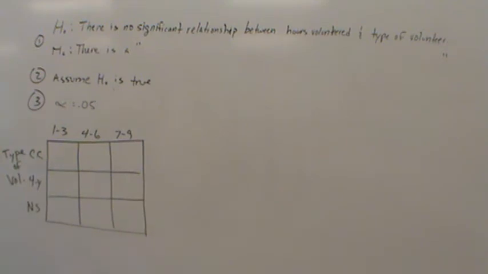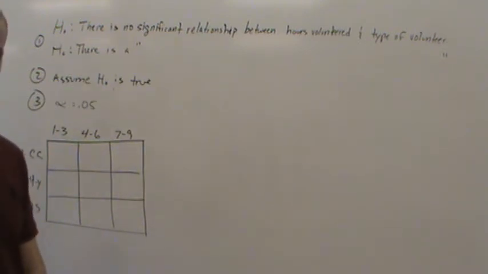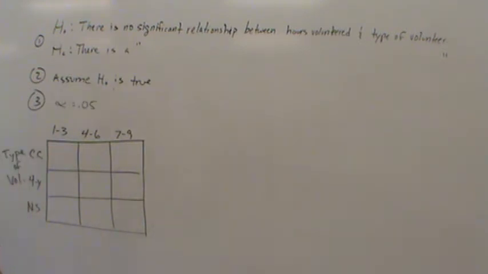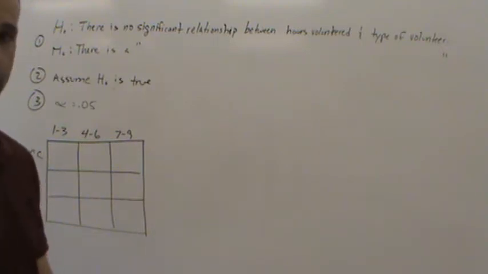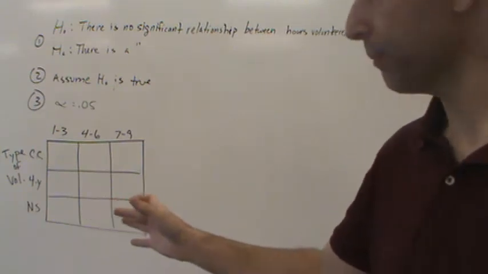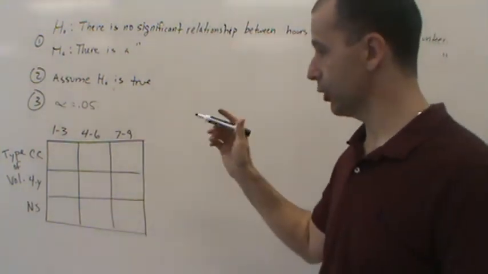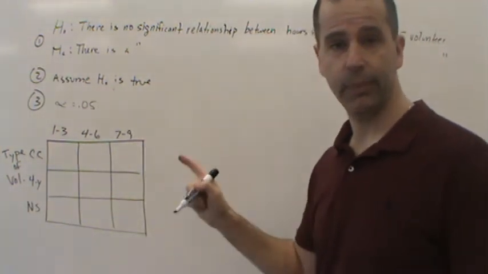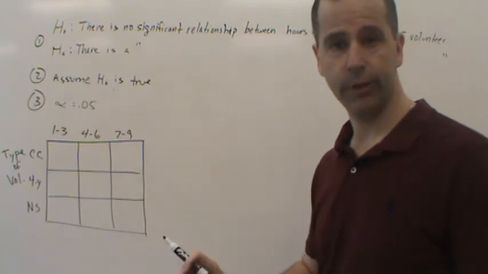Now, we haven't talked about degrees of freedom. The degrees of freedom here is not the same as the degrees of freedom calculation that we did in the goodness of fit test. For this one, the degrees of freedom is calculated by using the number of rows and the number of columns.